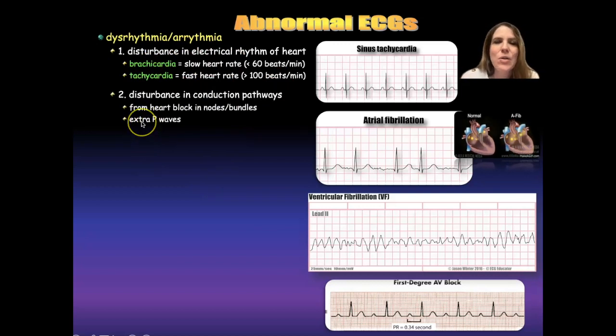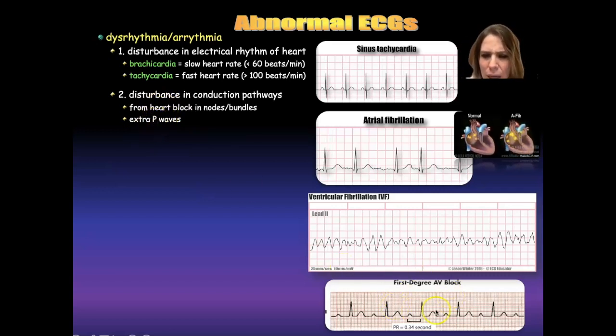So that's one way you can get this dysrhythmia. Another way is that you have some kind of disturbance in the conduction pathways. So this could be caused because there's some kind of heart block in the nodes or the bundles. So the SA node, the AV node, or any of those bundles leading down to the Purkinje fibers. And so if you're looking at an ECG of somebody with some of these disturbances in conduction pathways, you're going to notice that you get a lot of extra P waves.